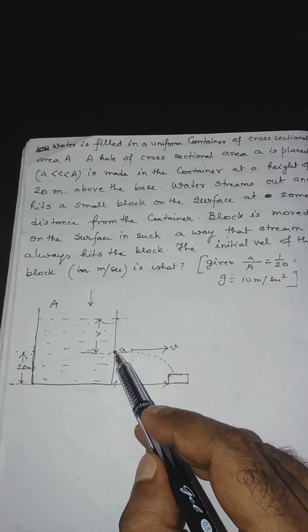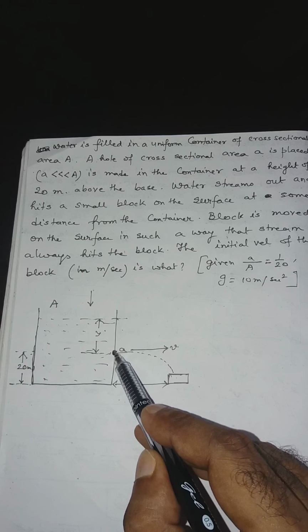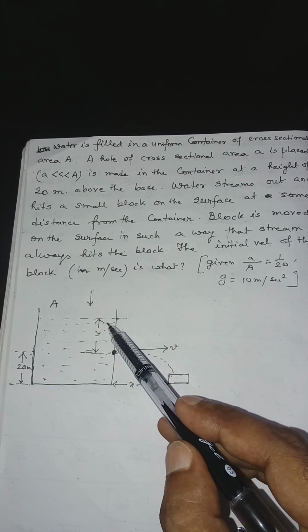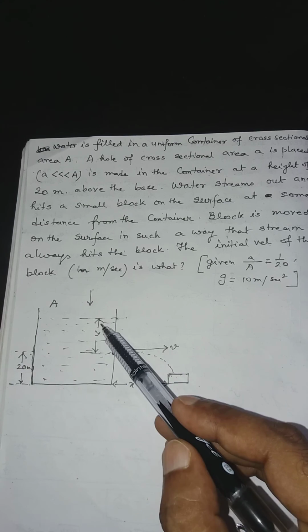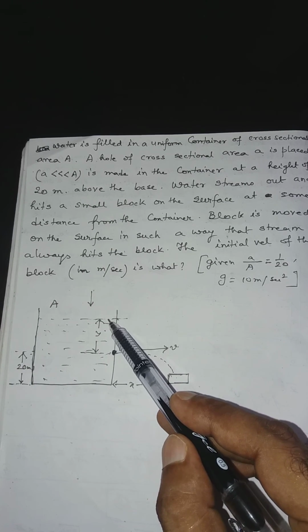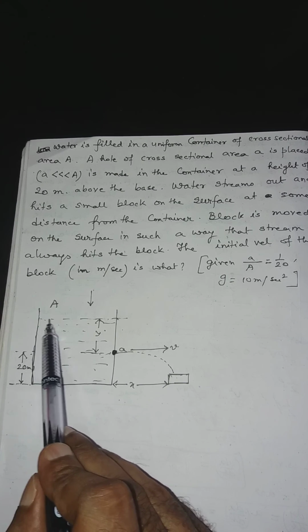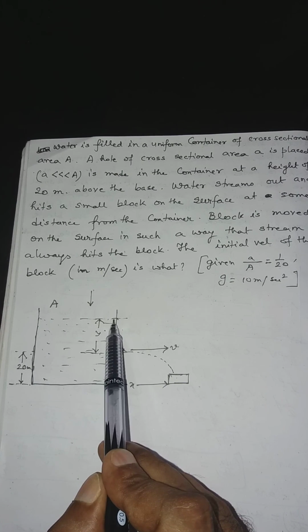Suppose this is the portion where the hole is made, and the cross-sectional area of the hole is small a, and it is at a distance y below the surface of the water. So this is the position of the hole, and this is the position of the surface of the water inside the container.